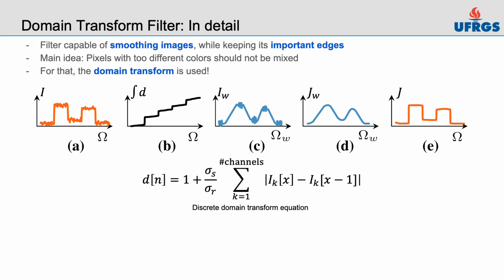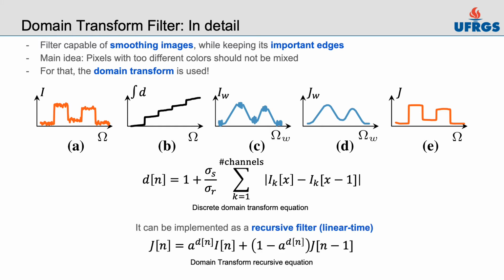This is a discrete equation used to obtain the local domain transform of each pixel. The domain transform filter can be implemented as a recursive filter, as shown in this equation. For more details about the domain transform, please refer to its original paper.